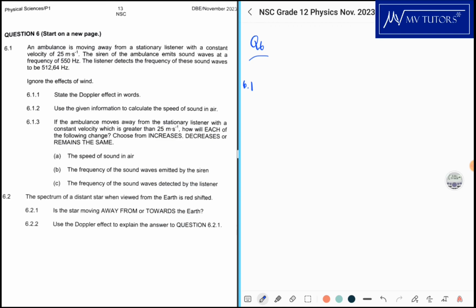The listener detects the frequency of these sound waves to be 512,64 hertz. So you have this stationary listener, meaning the velocity there is 0 meters per second, and the frequency that the listener hears is 512,64 hertz. Whereas we have this ambulance over here, which is moving away.